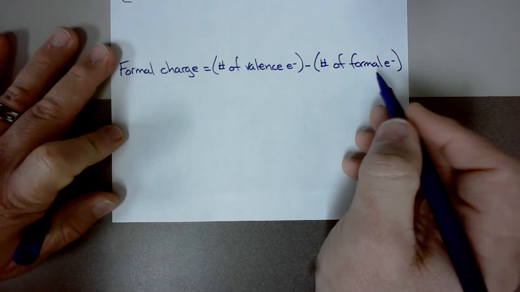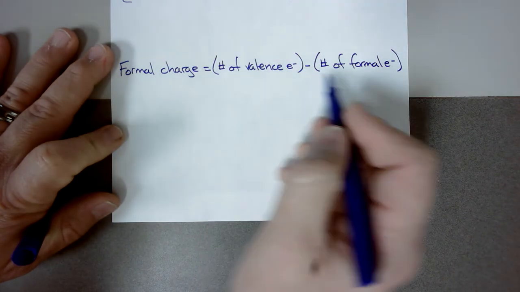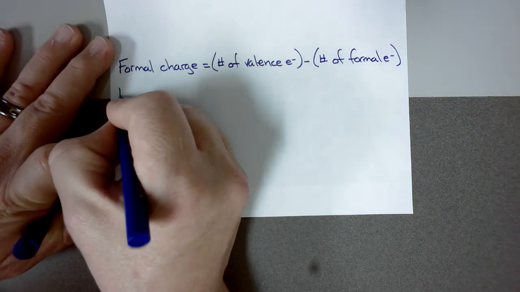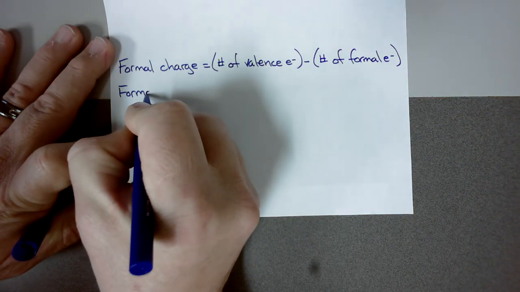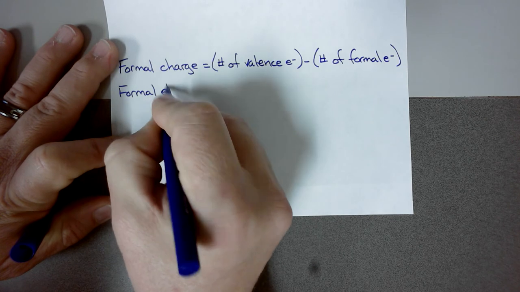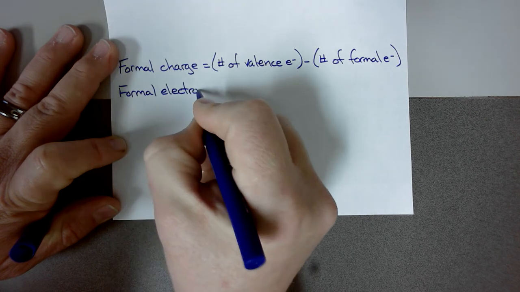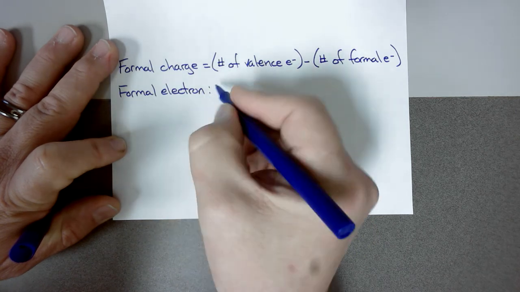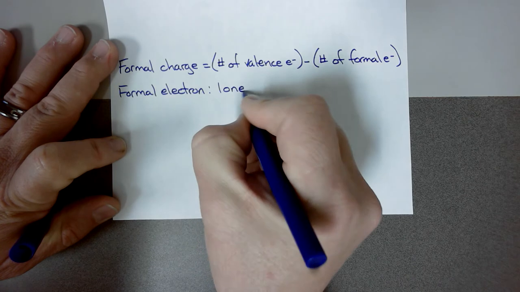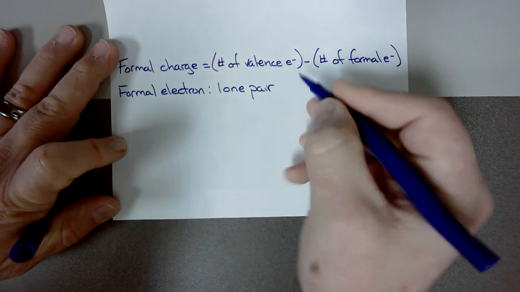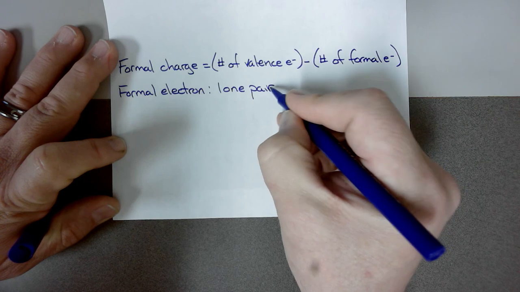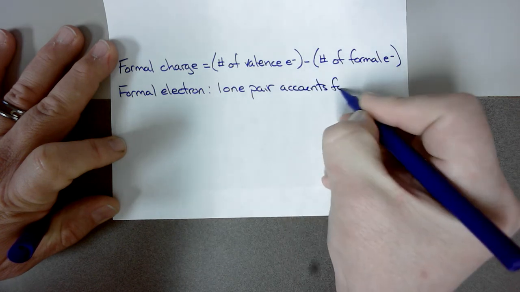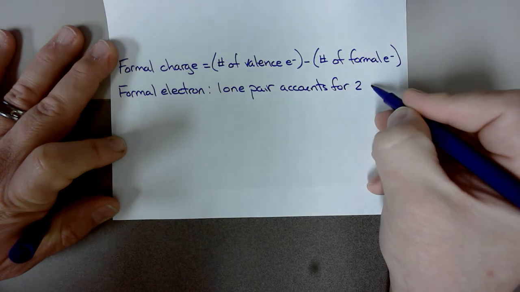Now, we know what valence electrons are, but we don't know what formal electrons are. So we need to write down what a formal electron is. So in this case, formal electrons: if we have a lone pair, a lone pair accounts for 2 formal electrons.